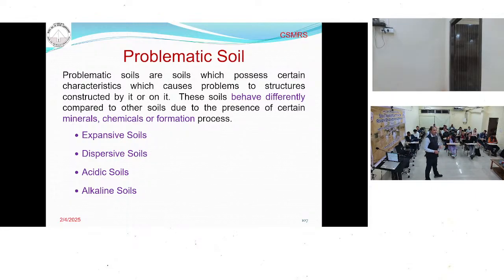Because they have some minerals, chemicals, or some formation. Due to that, they create problems. These soils are expansive soils, dispersive soils, acidic soils, alkaline soils. Today we discuss the two main soils, expansive and dispersive soils.